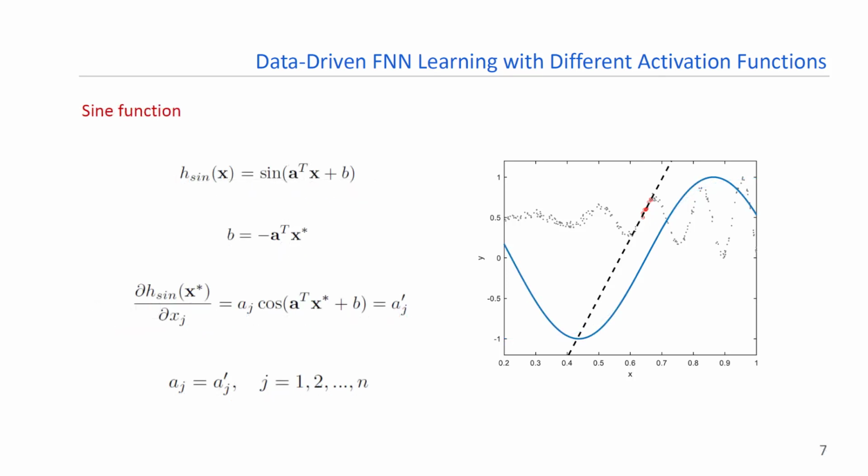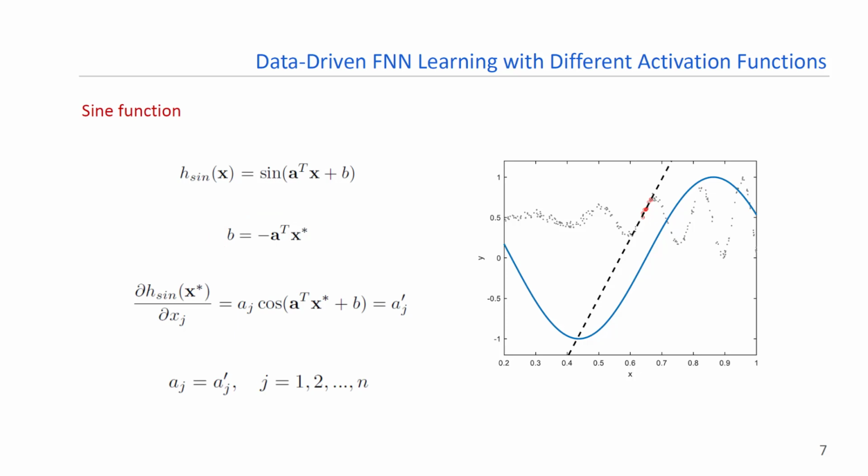In the case of the sine activation function, the data-driven method places it in the input space in such a way that it has one of its inflection points in the randomly selected training point x asterisk. The sine value in the inflection points is 0, so equating the sine equation to 0, we get the formula for b, the same as earlier for sigmoids.